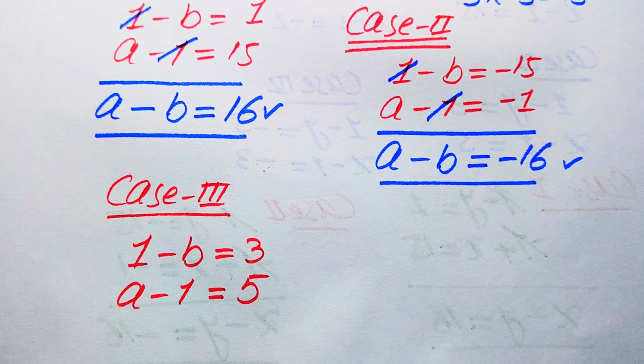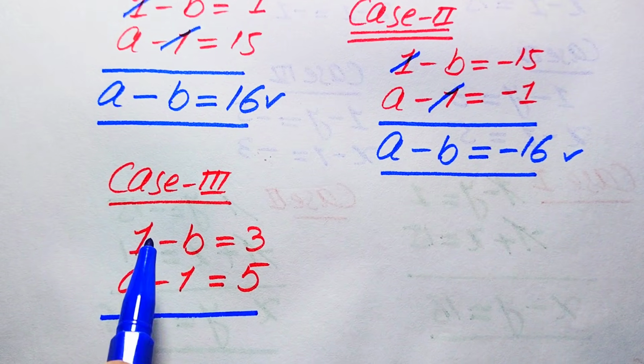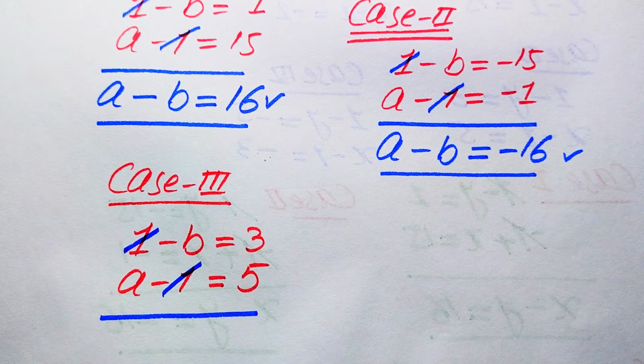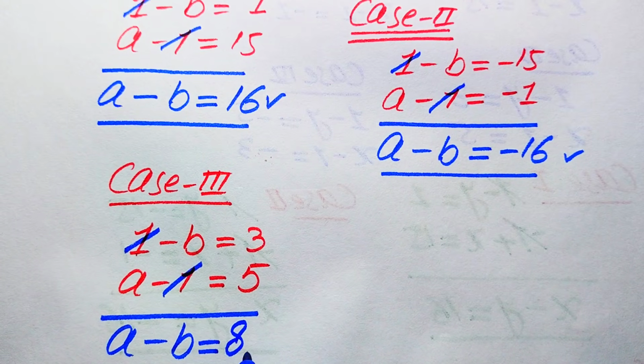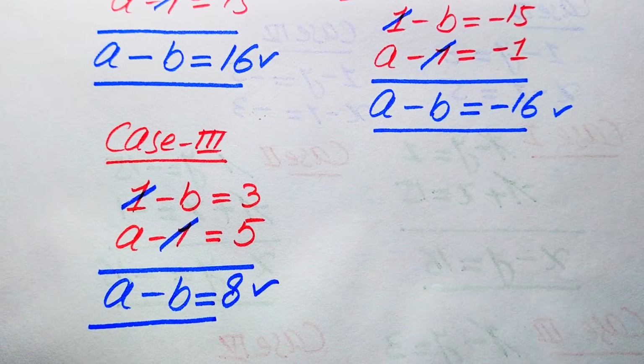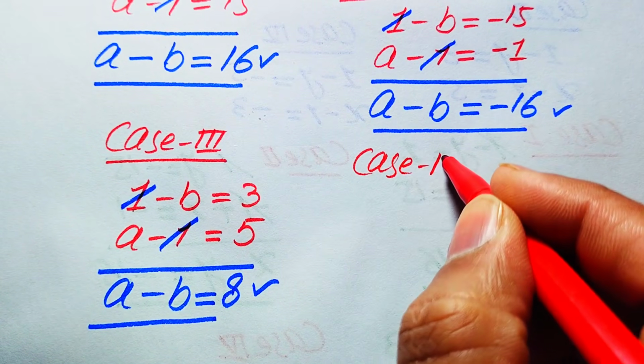So these are the two equations in a and b, and now again we add both of them. This positive 1 and this negative 1 are also gone, and we get a minus b is equal to 3 plus 5, which becomes 8. So this is the third value of a minus b. And similarly, we move towards our fourth case.